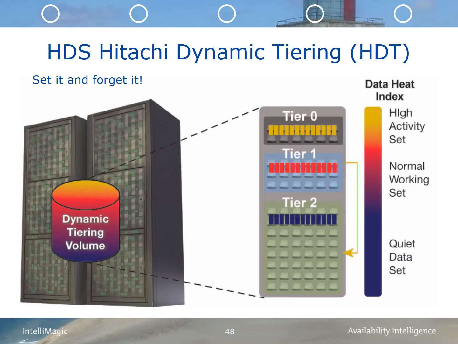And for a dynamic tier volume, it will identify the hot or hottest extents and sort them based on a heat index or a heat map, and place the hottest data on the fastest drive blocks. So the idea is that you would just set it and forget it. It does have the ability to do all of the migrations automatically, but a storage administrator can change the auto tiering to manual, and manually initiate migration between the tiers.